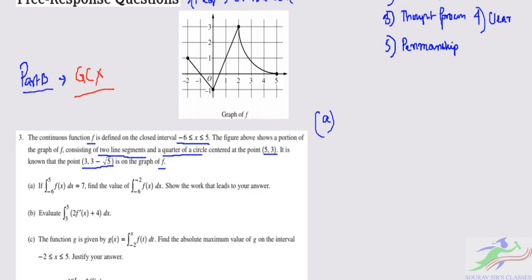If the integral from -6 to 5 of f(x) dx is 7, then find the value of the integral from -6 to -2 of f(x) dx, and show the work that leads to your answer.